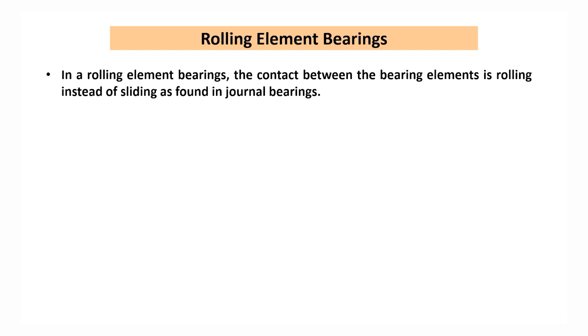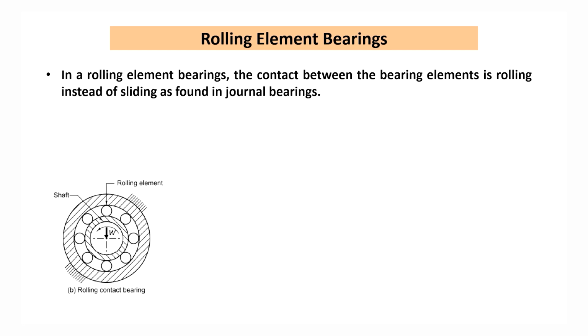In rolling element bearings, the contact between the bearing elements is rolling instead of sliding as found in the journal bearing. So, in the rolling element bearing, this one is the inner race of the bearing, and inside the inner race will be the shaft.